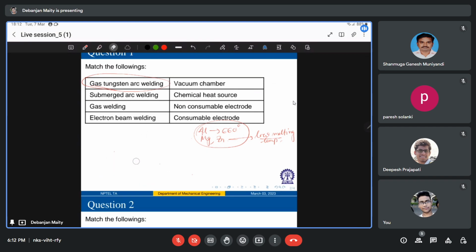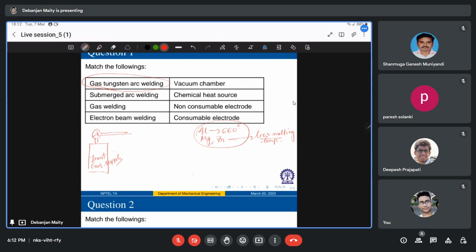If you see gas tungsten arc welding, there will be some inert gas supply from here. So let's say this is your supply gas, and then there can be some pressure regulator over here.